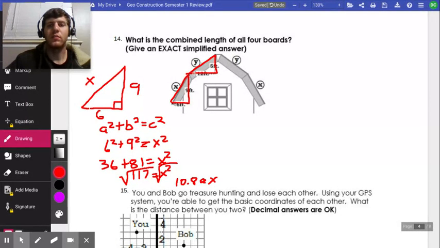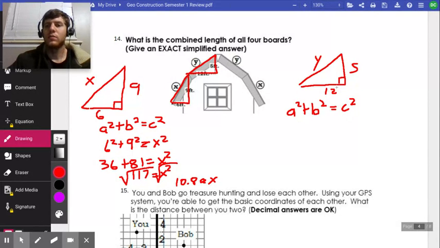Okay, all right, and then we want to do the other one here as well. We have another right triangle. The base of that triangle is 12, the height is 5, and we're looking for y. Again, we have two sides of a right triangle and we're looking for a third side, so we can use the Pythagorean Theorem: a squared plus b squared equals c squared.